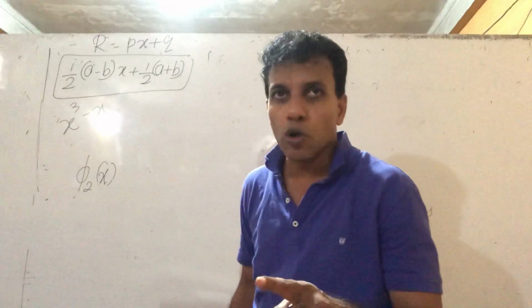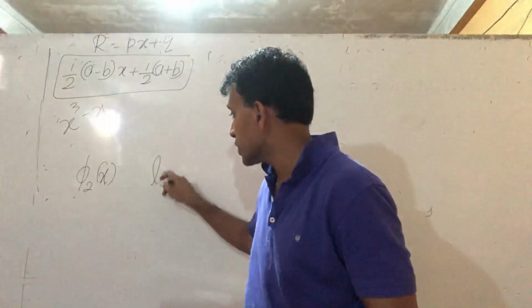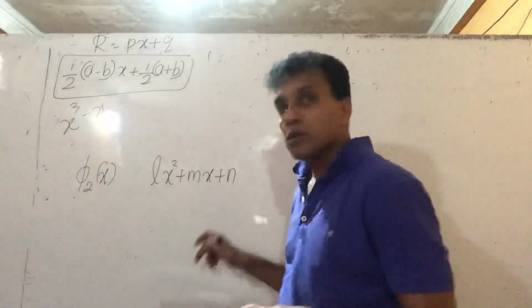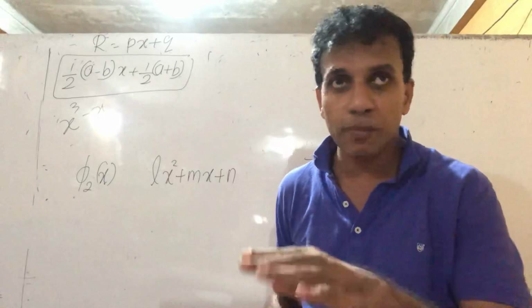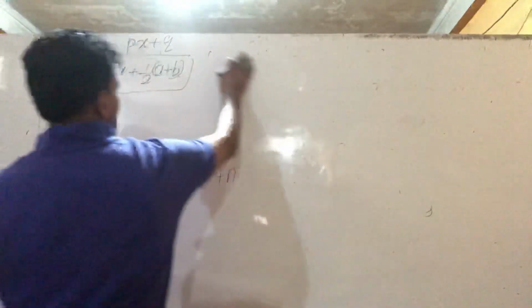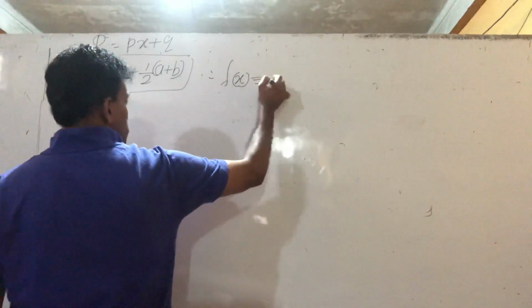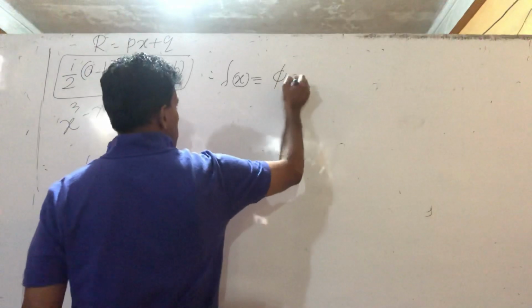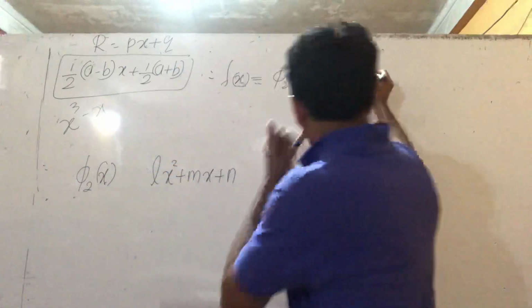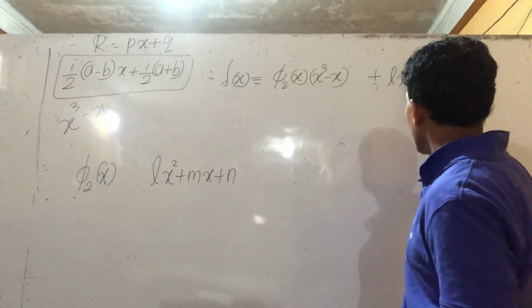But you can't write px plus q, p and q are already finished. Let the remainder be lx squared plus mx plus n. Don't say p, q form, we have finished those. Let's say it in other letters, l, m, n. Then we write the pattern: f(x) equals answer into divisor plus the balance lx squared plus mx plus n.